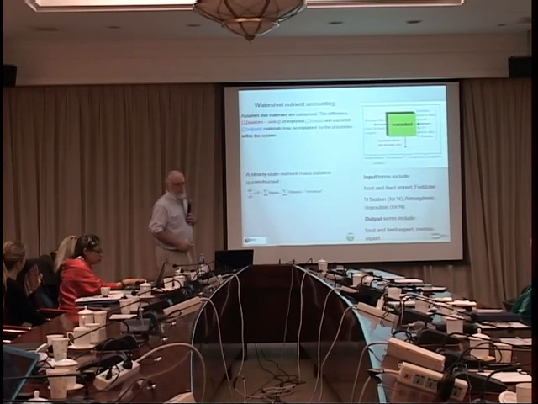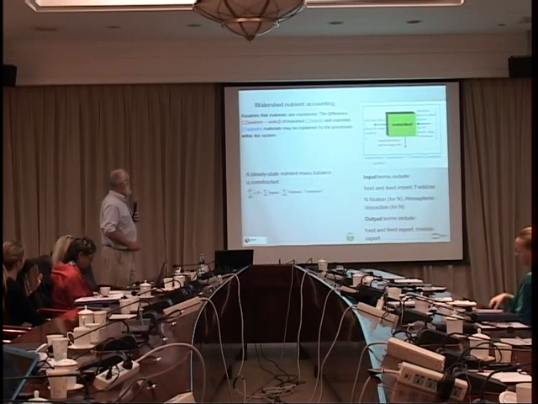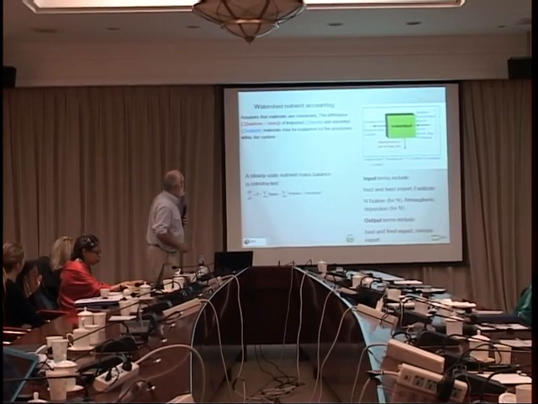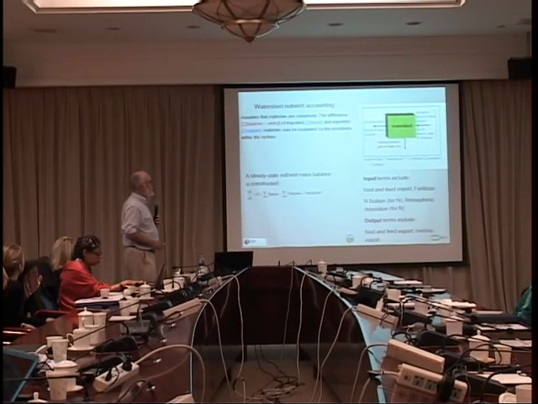So fairly simple methodologically. We're doing a mass balance, assuming steady state: inputs minus outputs minus retention equals 0, a mass balance. And we're often measuring these things in order to estimate the retention.